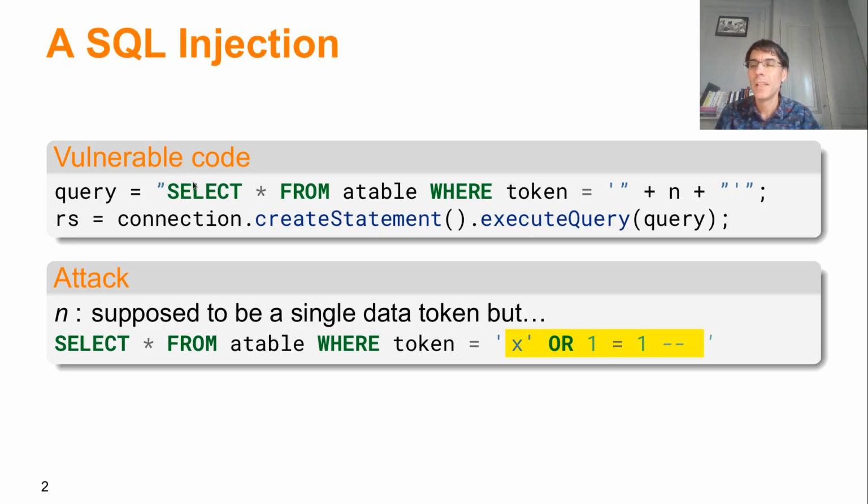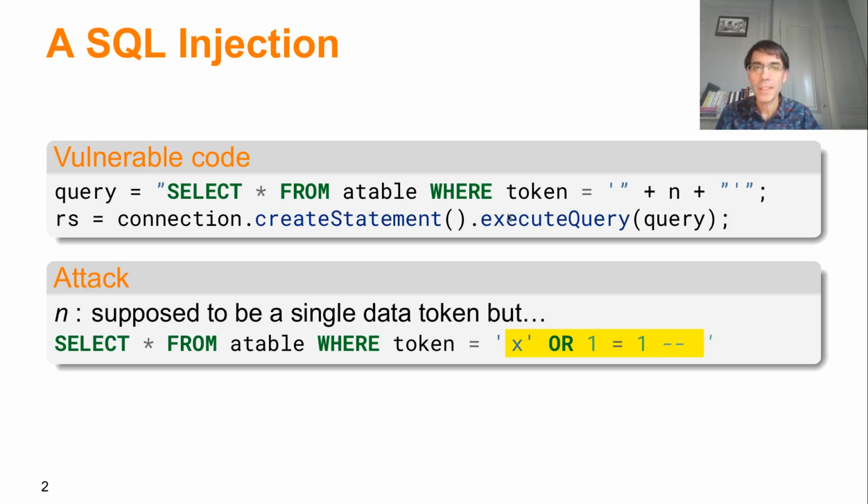So why is this vulnerable? Well, n here is supposed to be a single data token, but if you pass some data, this one highlighted in yellow here, what you get is a statement which is select star from a table where token is equal to x or 1 equals 1, and then a double dash, which is the beginning of a comment, so the ending quote is just ignored.